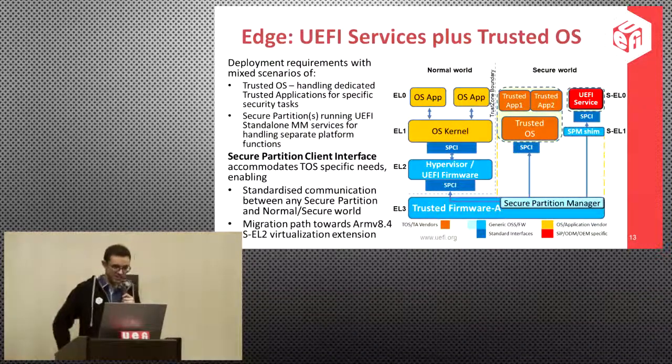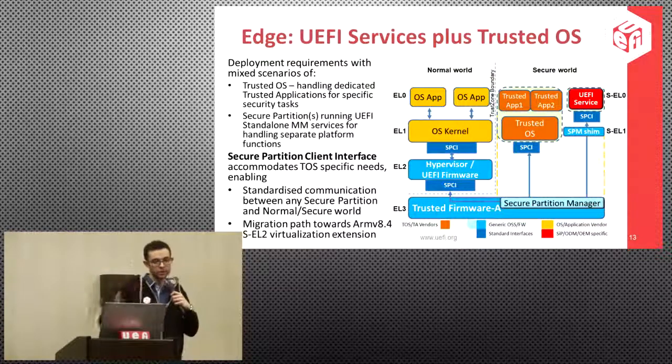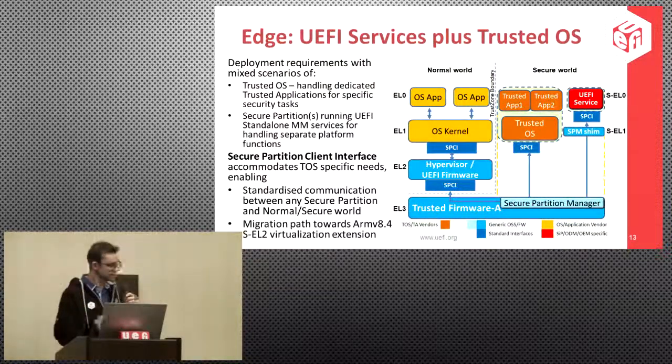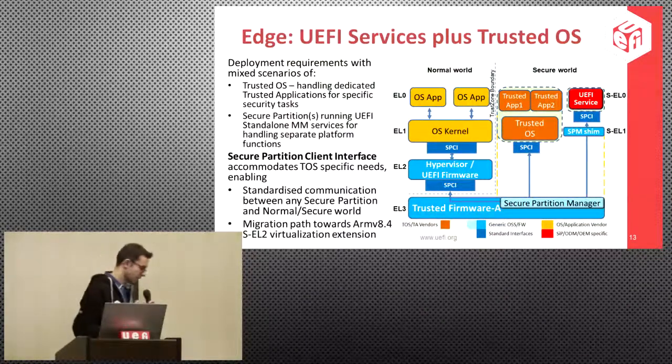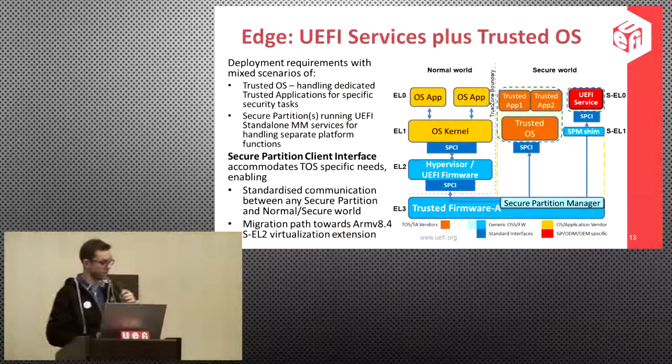So the first one is an evolution of the previous picture, in which, as I said, on the edge space, we are seeing partners that want to run trusted operating systems together with UEFI services in the secure world. So the secure partition client interface must take into account also these sort of requirements.